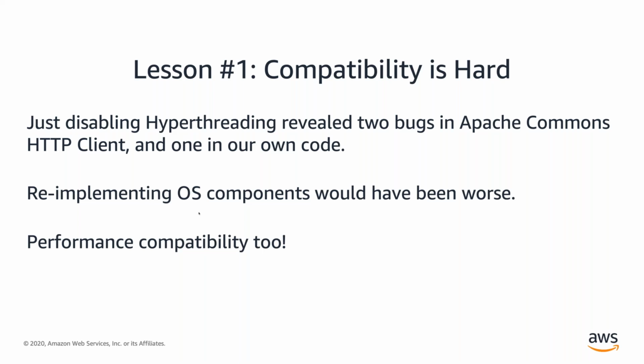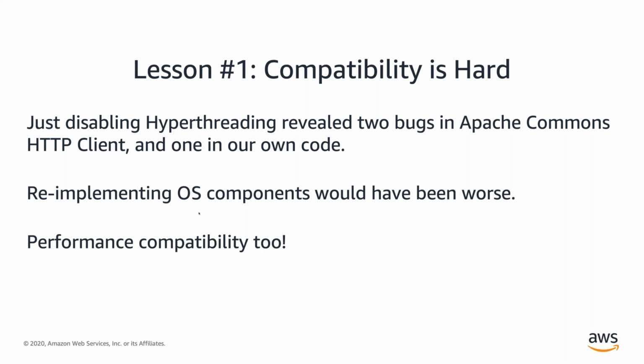We've upstreamed fixes to both of those, but a very small change like disabling hyperthreading can break code. And this is one of the things that we like about virtualization, we like about booting real Linux, is that re-implementing OS components, implementing a library OS, for example, has even more compatibility challenges, or vastly harder compatibility challenges.